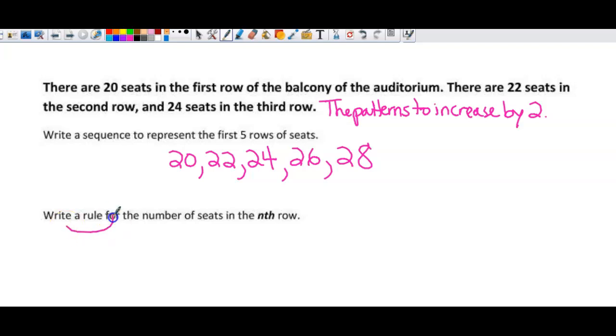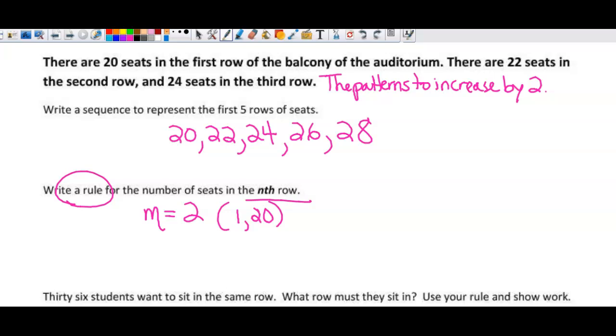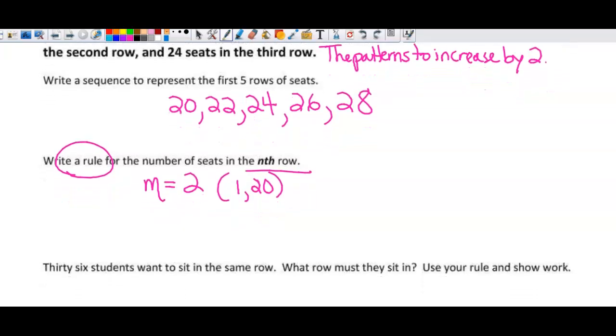It says write a rule for the nth row. So you want to know the common difference, which is your slope, which is 2. And you want an ordered pair, so the first term is 20. So y minus 20, and by the way, if you know the shortcut by now, you don't have to do this long formula.